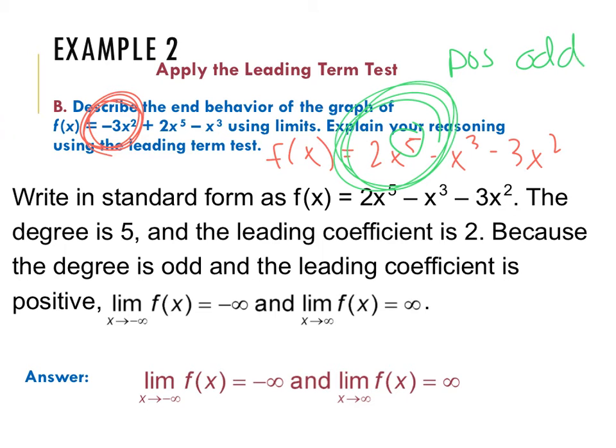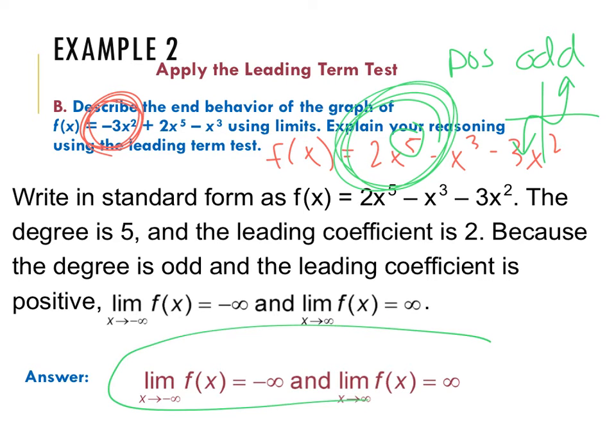So if you know, a positive odd looks something more or less like this. And so from that, I can say the limit as x approaches negative infinity, my function will approach negative infinity. And as x approaches positive infinity, notice my function will approach positive infinity. That's all leading term test is.